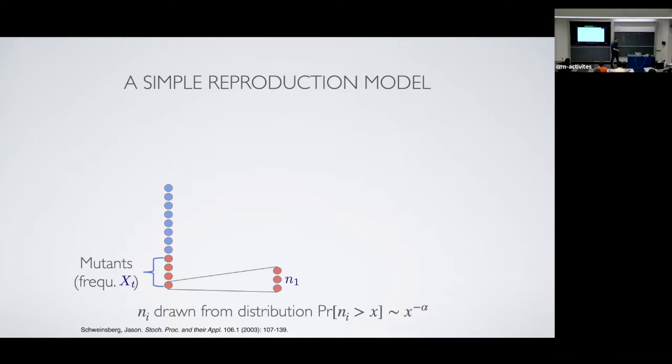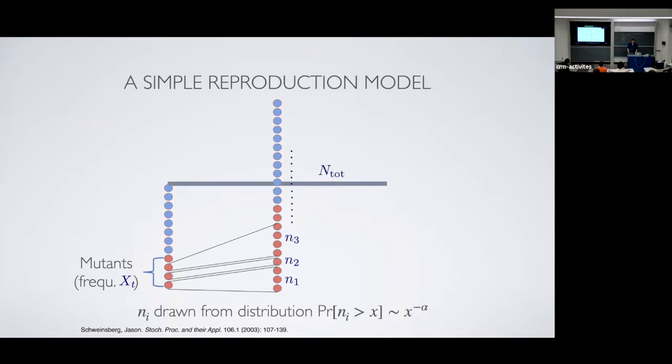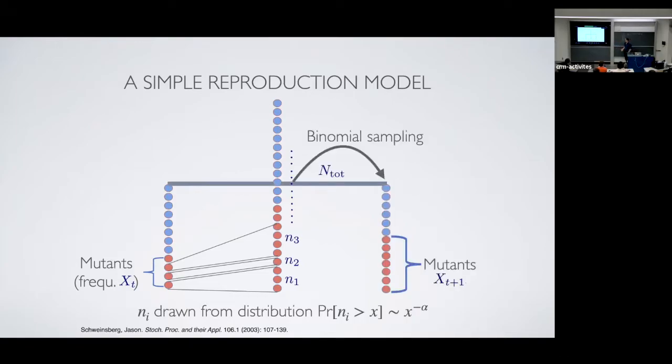And I just throw them into a big ball. Typically this ball becomes very large, and the population size will be much, much larger than the one I started with. So I need to cull or reduce the population. And to do that, I now use binomial sampling.